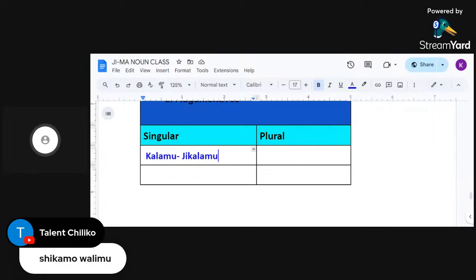Then if they are plural, you can say majikalamu, okay? Majikalamu, many big pens.